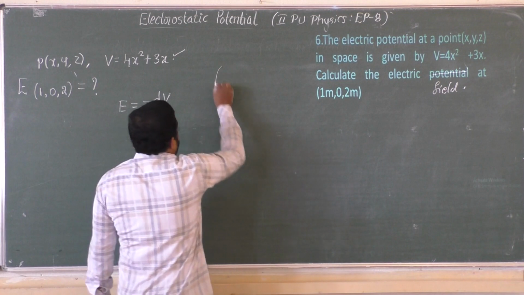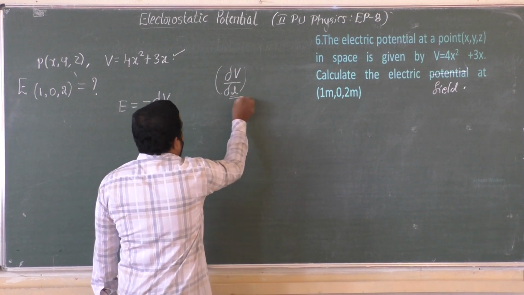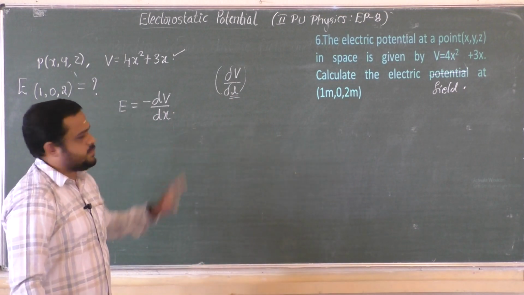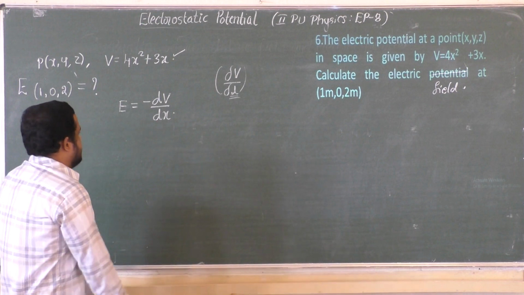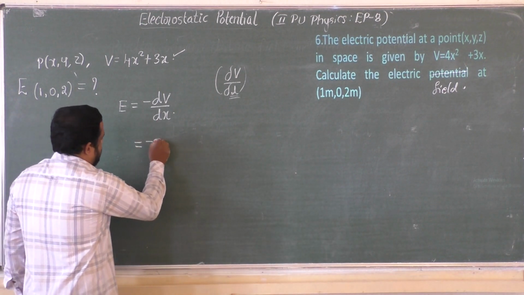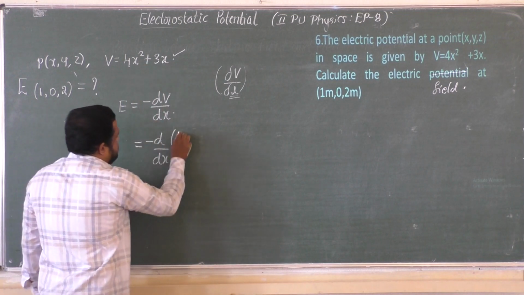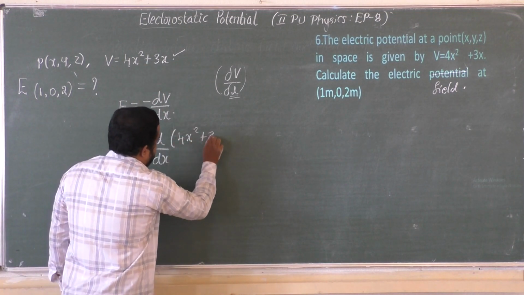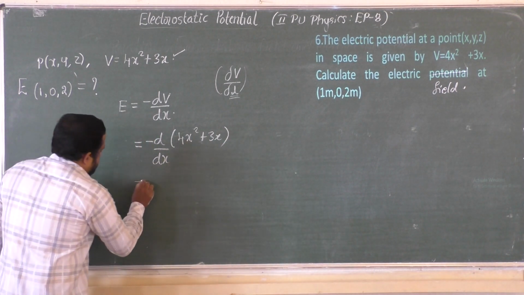So actual derivation is delta V divided by delta L. Delta L represents displacement. Therefore I can use minus dV divided by dx. That is equal to minus of d by dx of V, which is 4x square plus 3x.